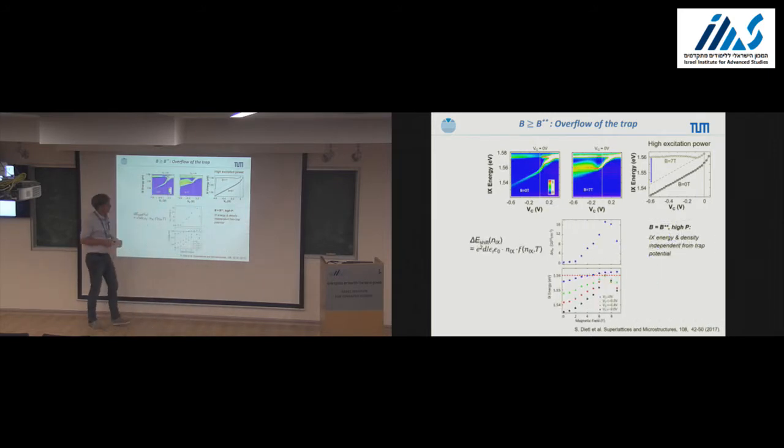It's even more dramatic when you compare the energy shift you would expect from the quantum confined Stark effect with what we see at, for example, minus 0.6 volts. We put in the energy shift and calculate the effective density of these excitons.